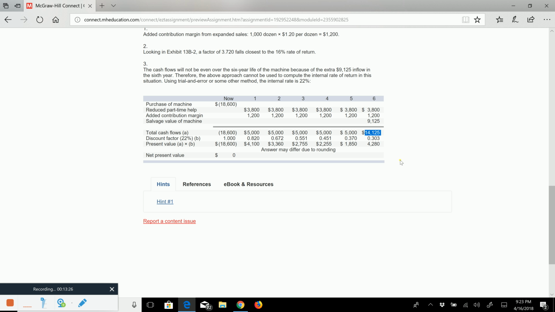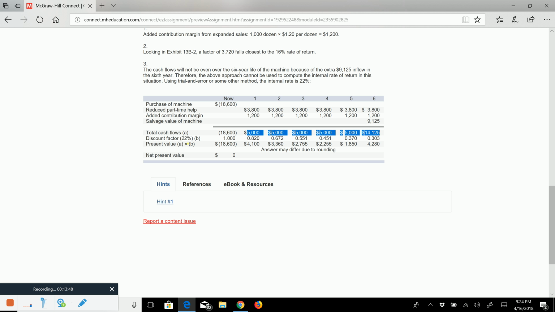$14,125. And since the cash inflows are no longer even every single year, we need to go ahead and figure out, using a trial and error method, how to make sure we get this net present value to 0.